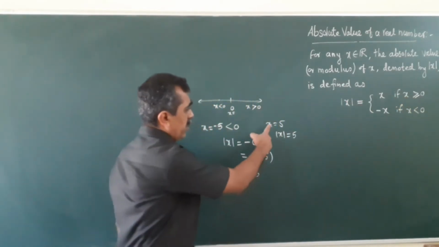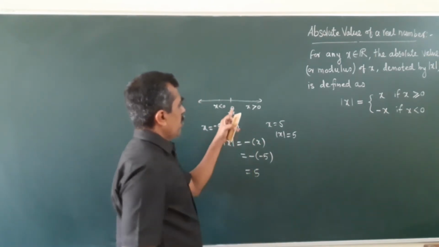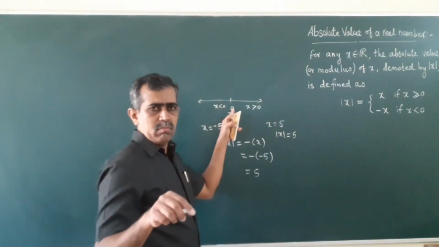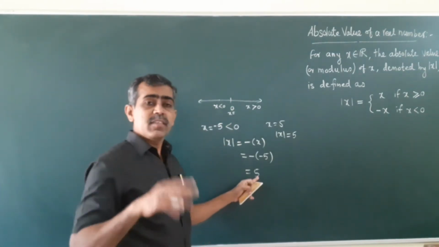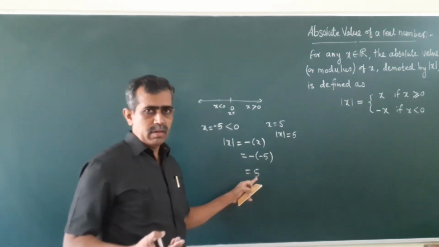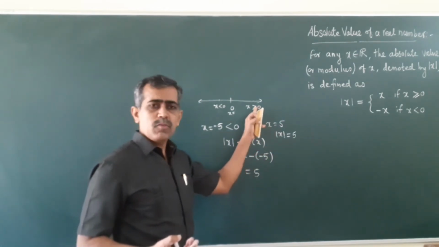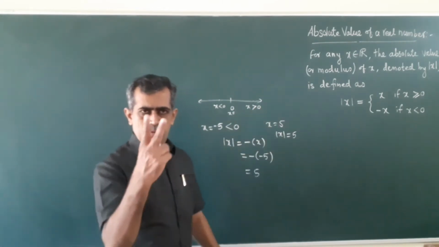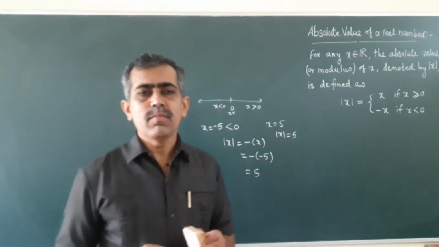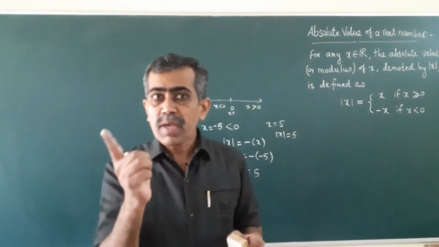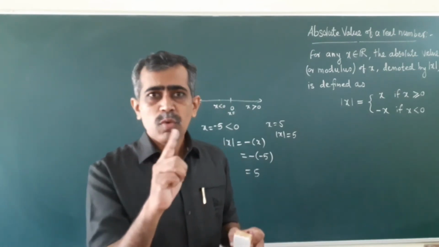So, do you observe anything from this? Yes, if x is 0, mod of 0 is 0, if x is negative, mod of x is its negative, and negative of negative is again positive, and if the number is positive, then its mod is positive. So, what is mod of x?